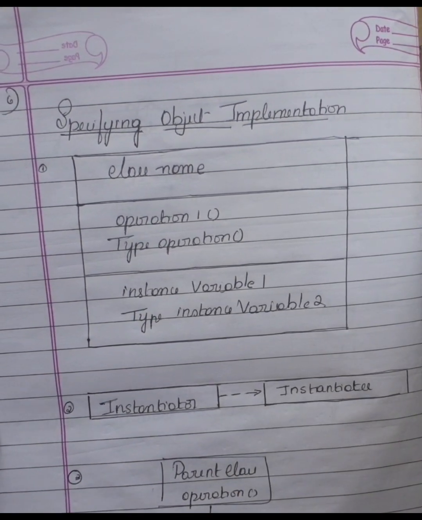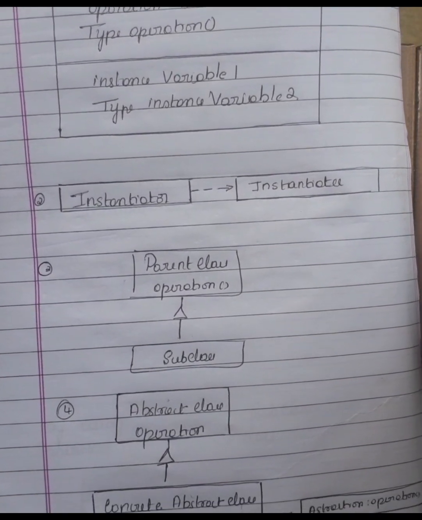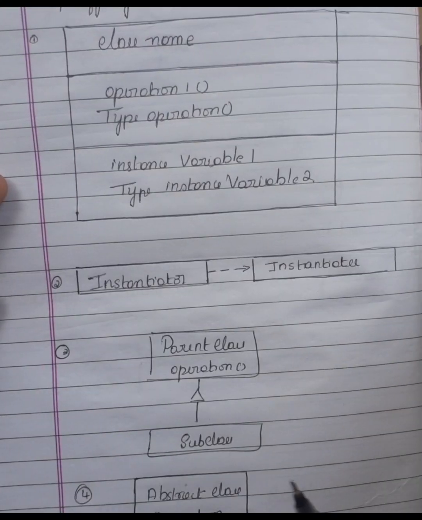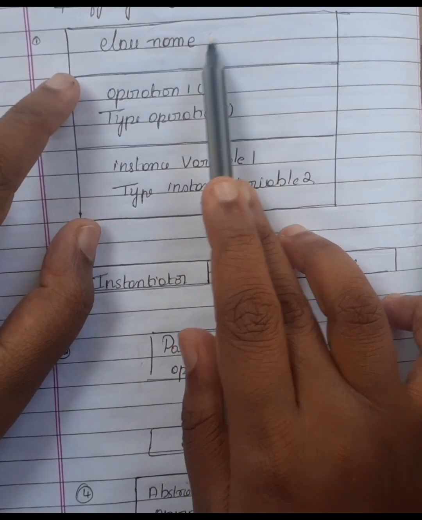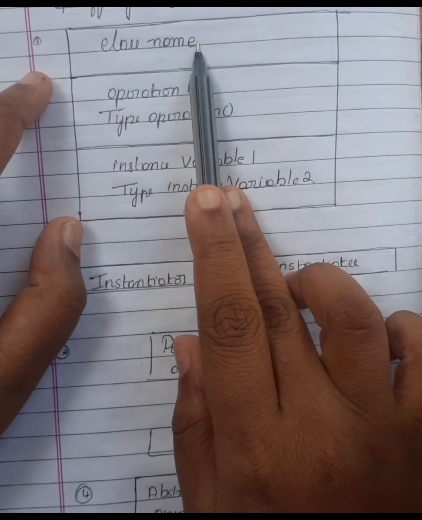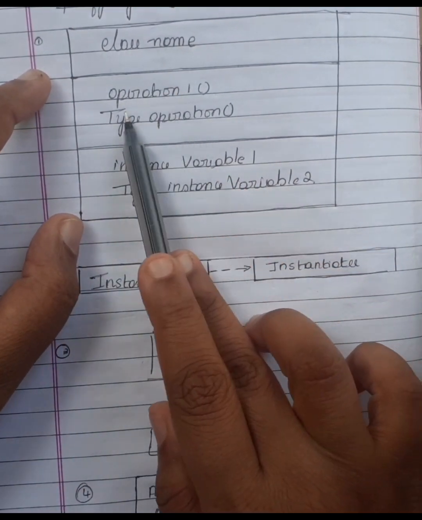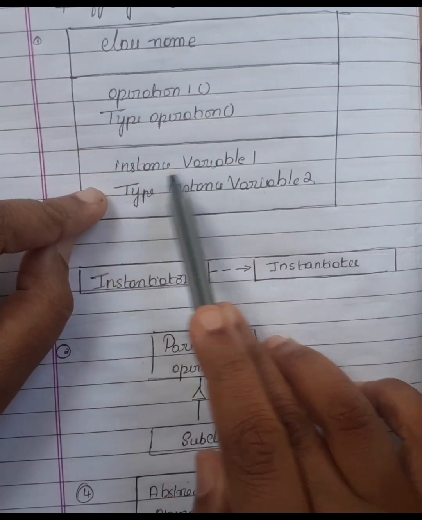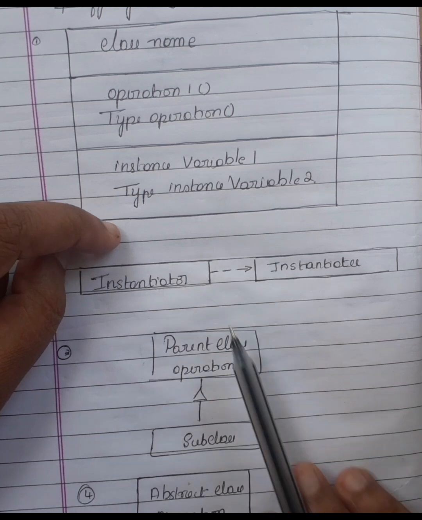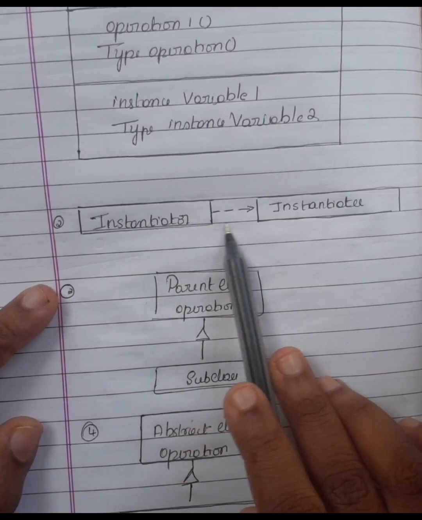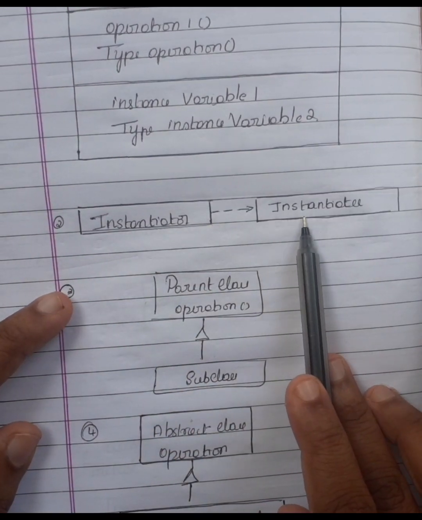There are about 5 diagrams that you should draw. 5 diagrams is a must. So first is the class diagram, where there is class name, operation 1, type, operation, instance variable 1, instance variable 2. Next is instantiator, instantiatee.